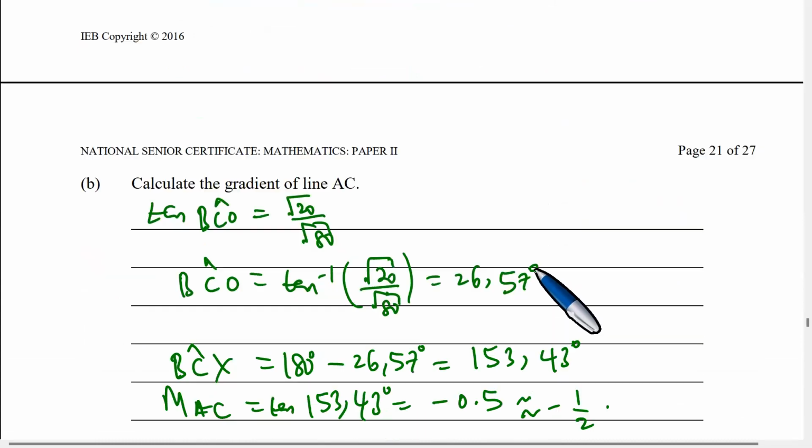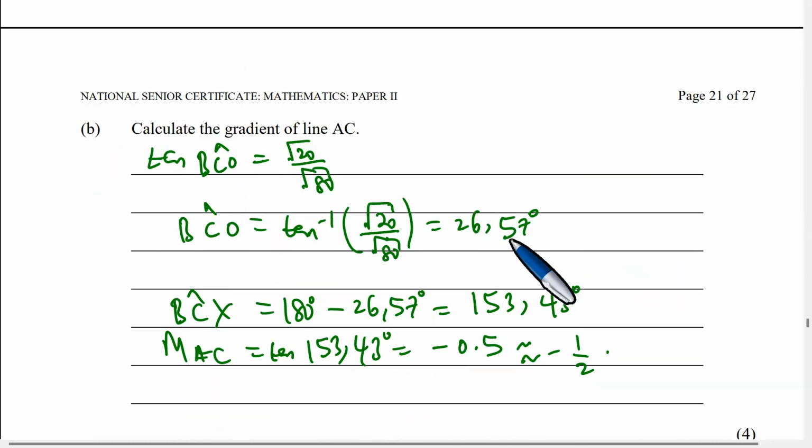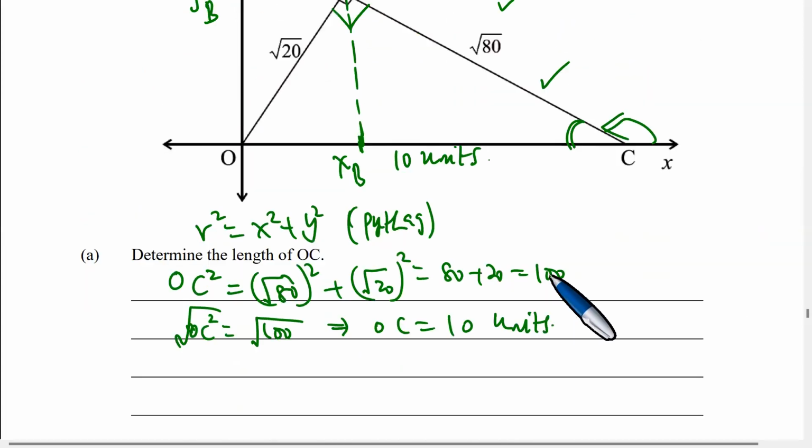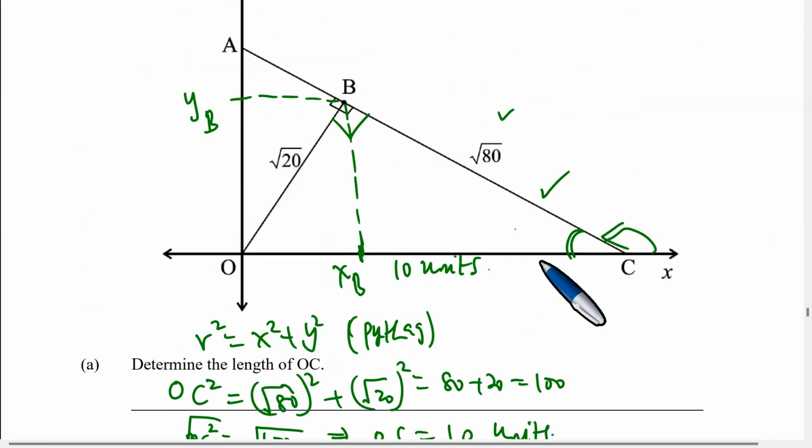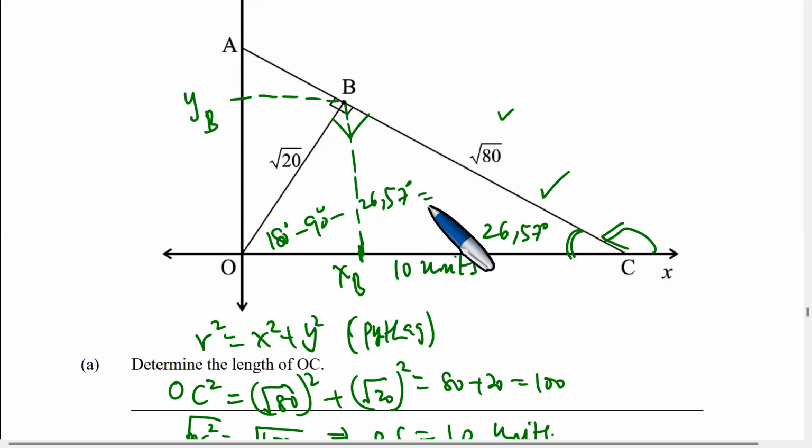Okay, we found that angle BCO to be 26,57. So you just need to get this one, 180 minus 90 minus 26,57, which is 63,43.